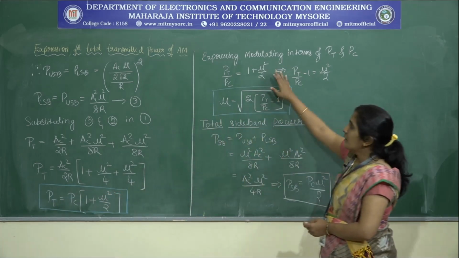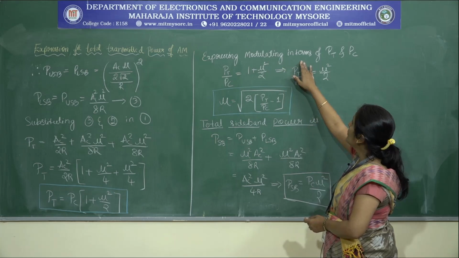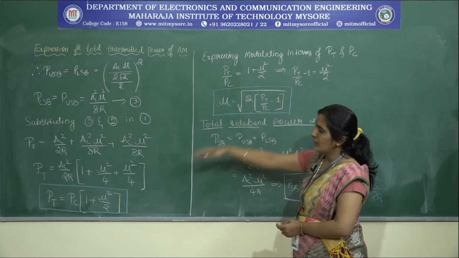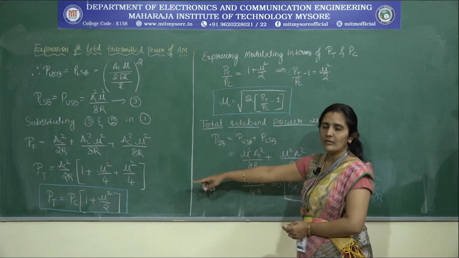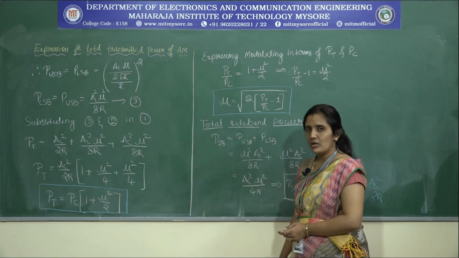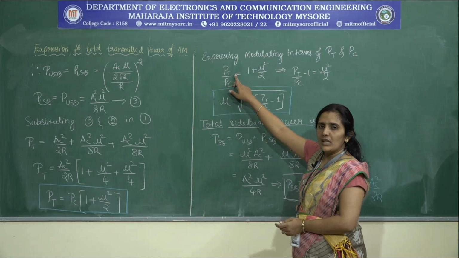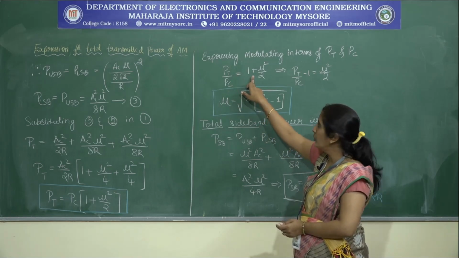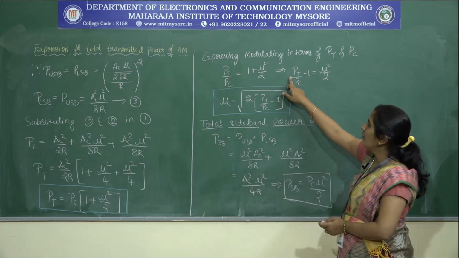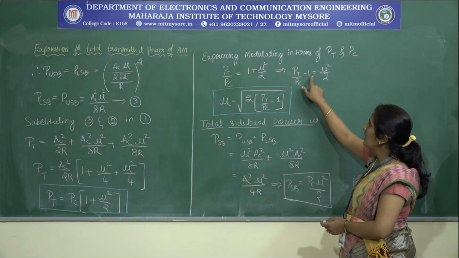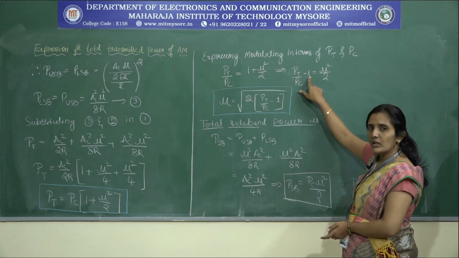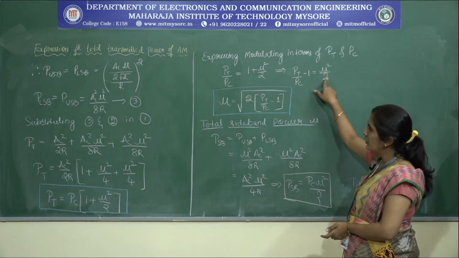Now expressing modulation index in terms of P of t and P of c. So P of t, whatever the equation we have got, from that we are going to derive the modulation index. P of t divided by P of c is equal to 1 plus mu square divided by 2. So we are going to take 1 to the right hand side: P of t divided by Pc minus 1 is equal to mu square divided by 2.